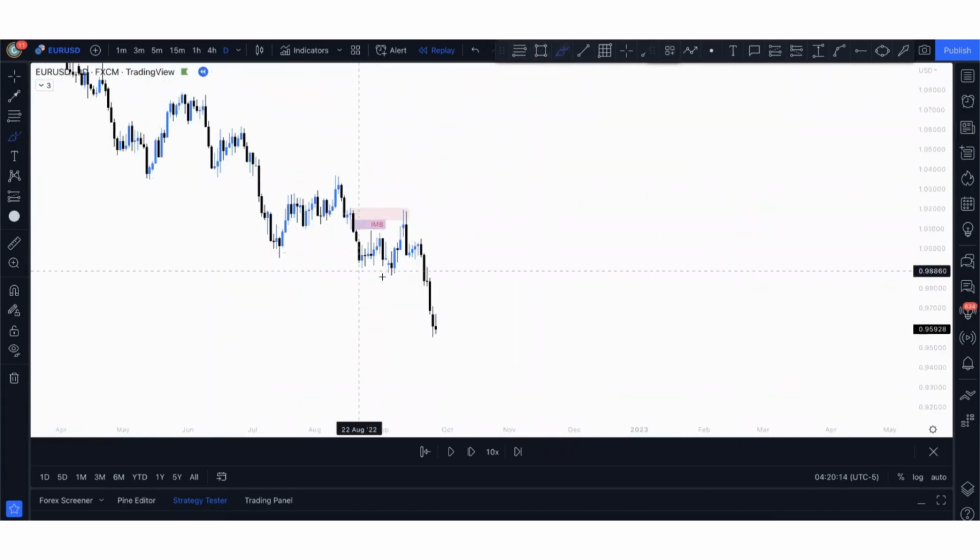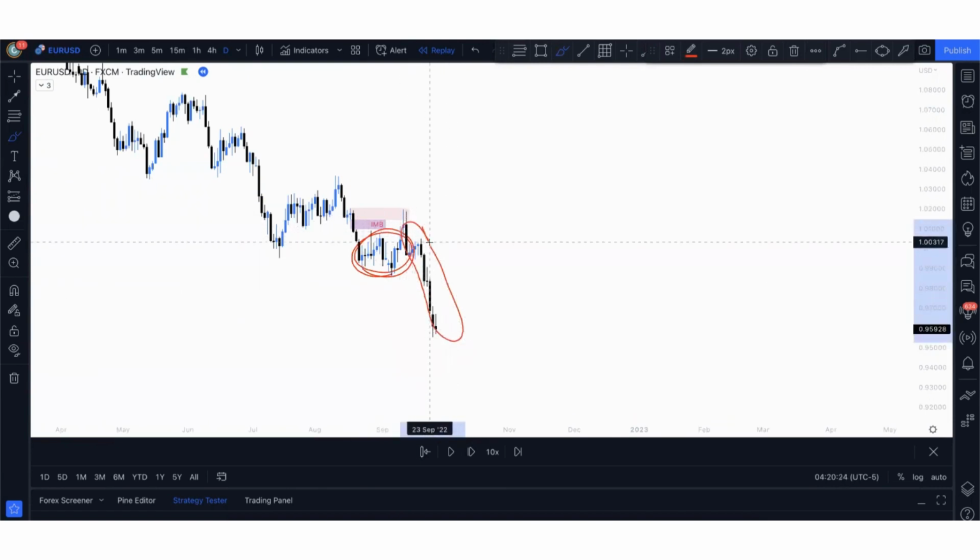This one is just a consolidation phase, but we want to make sure to get this leg here, or the trade here.